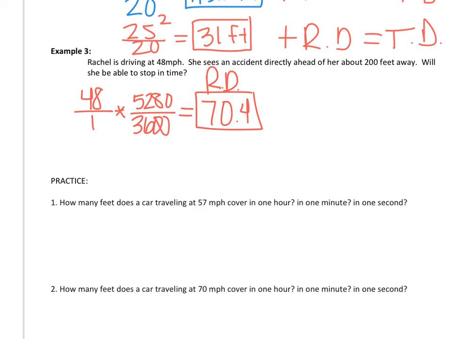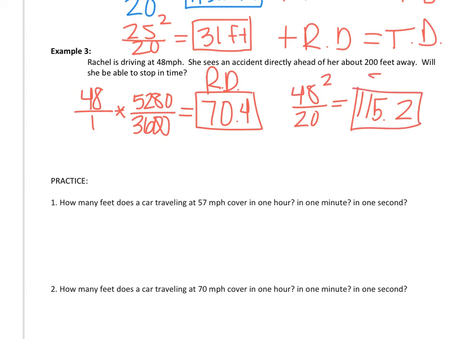And then the stopping distance is when you take the miles per hour, square it, and divide by 20. So 48 times 48 and divide by 20 is 115.2. So that is now the stopping distance, we'll call SD.